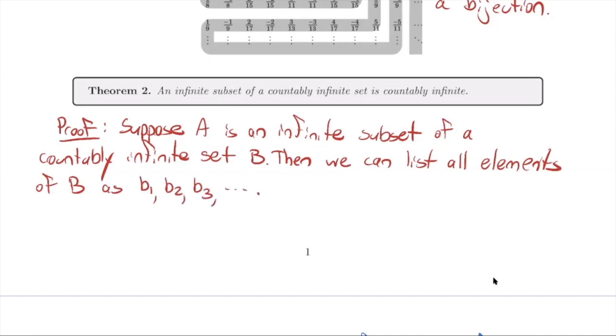Okay, so we have a list of elements in B, B1, B2, B3, etc. And so I want to prove that A is a countably infinite set.